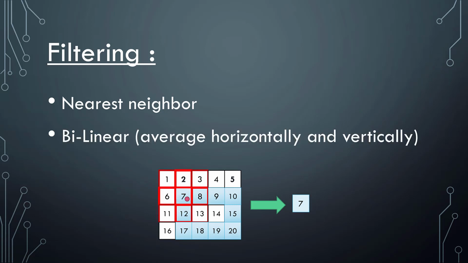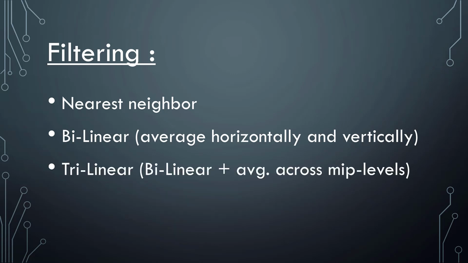Bilinear filtering is saying, we'll take that, but we'll also consider some surrounding pixels horizontally and vertically, and do a weighted average depending on how close or far the neighboring pixels are to the point that we're sampling. As you can see in these two cases, the output ends up being a bit lighter because there's a bunch of white pixels around it that get averaged into the output pixel color value.